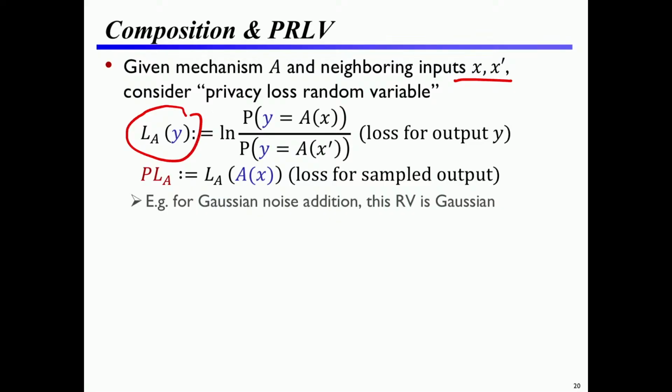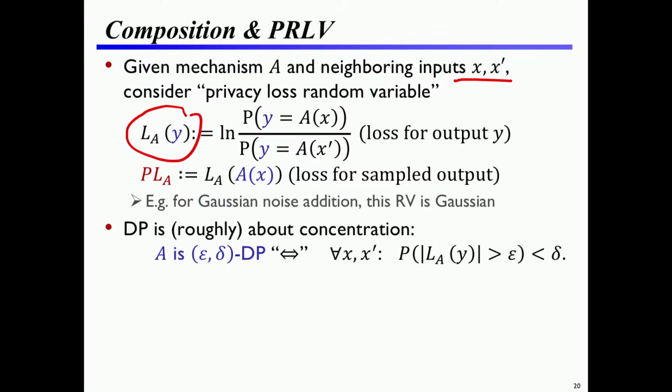In general, it'll have some distribution. But in terms of this random variable, differential privacy is, up to some small change of parameters, equivalent to requiring that this random variable not be too big with high probability: that its absolute value exceed epsilon with probability at most delta. One of these directions is true, and the other one is approximately true. It's an exercise to figure out which is which.